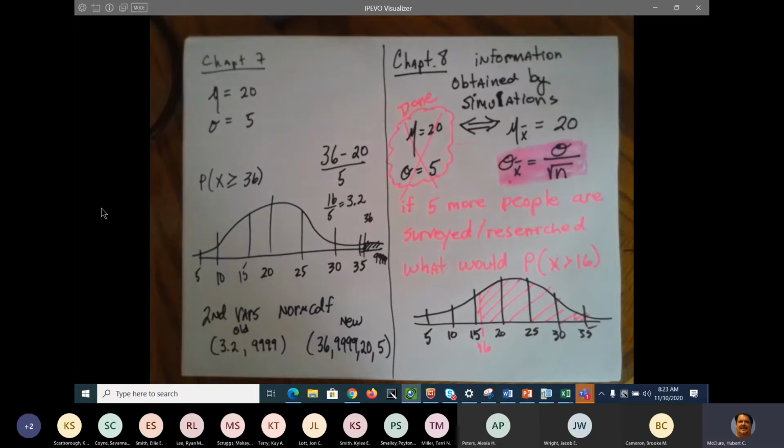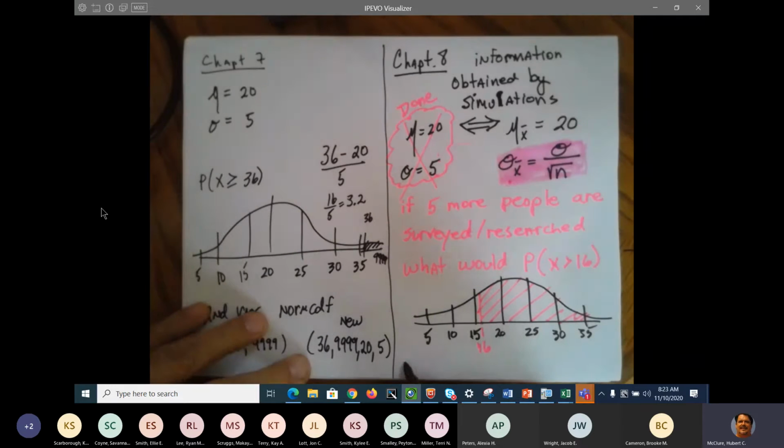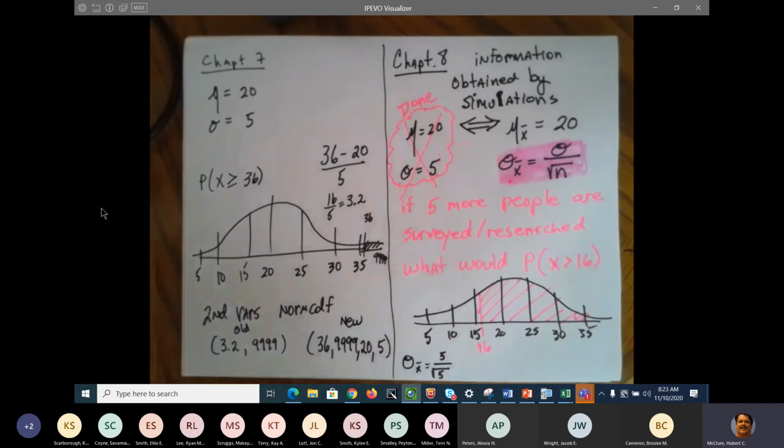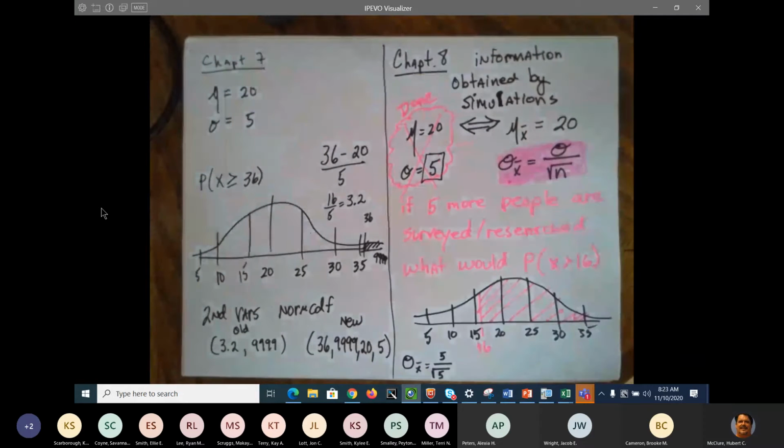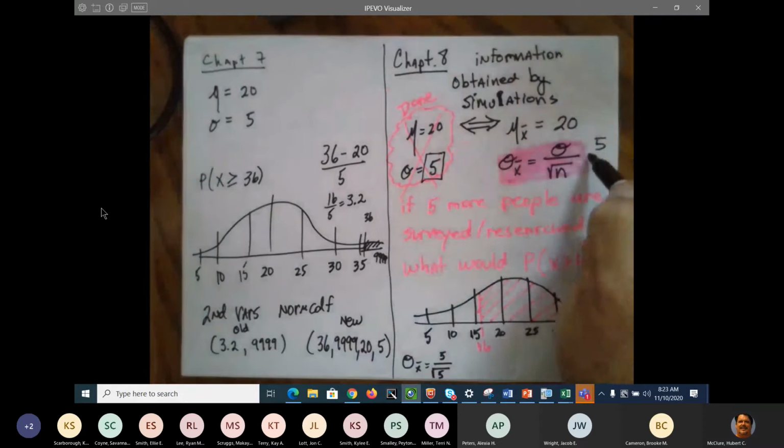Okay, so what do you do? You got to change that. So the new standard deviation is going to be equal to 5 over the square root of 5. The old standard deviation is 5 over the square root of 5.